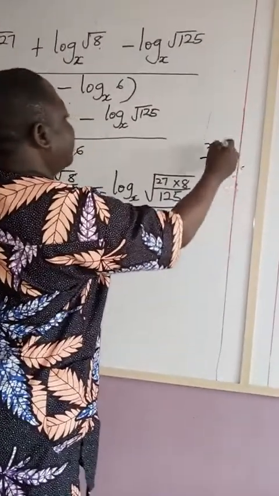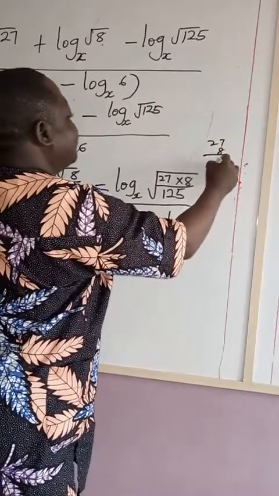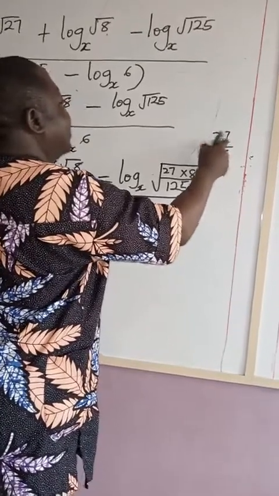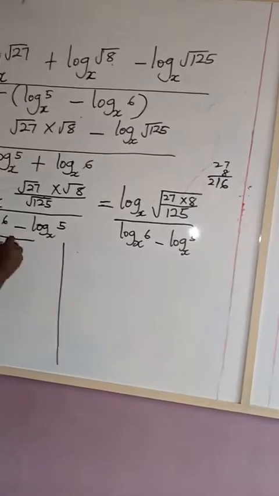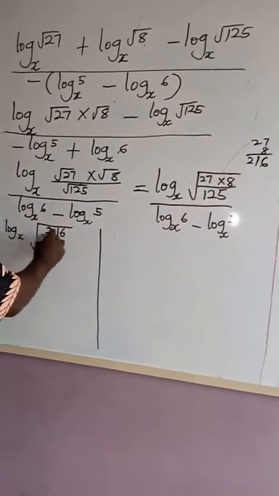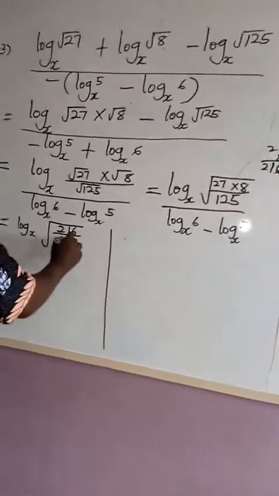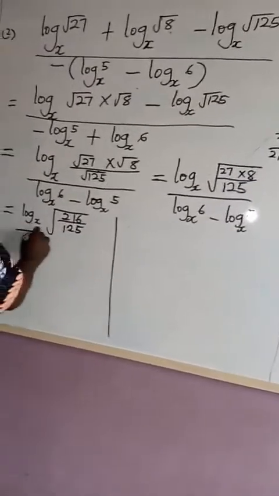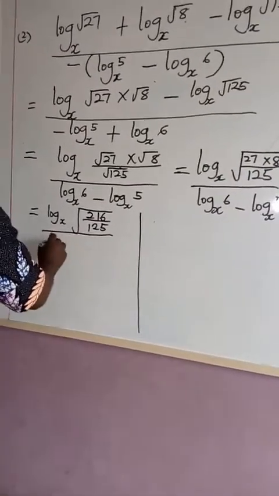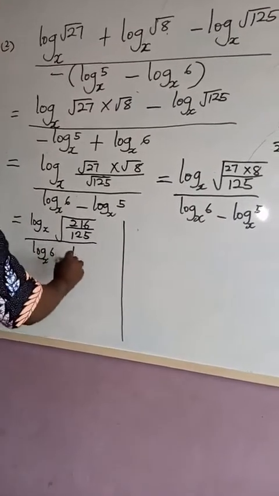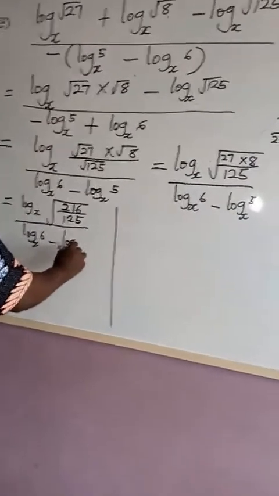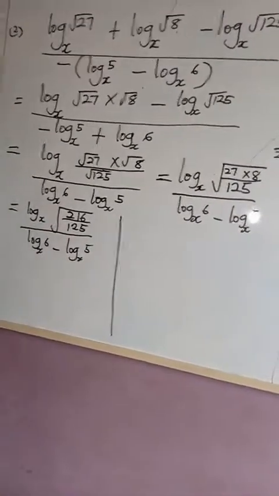Let's do that. 7 times 8, 56. 6 remainder 5. 8 times 2, 16 plus 5, 21. So we are going to get 216 all over 125. Then all over logarithm of 6 in base x minus logarithm of 5 in base x.